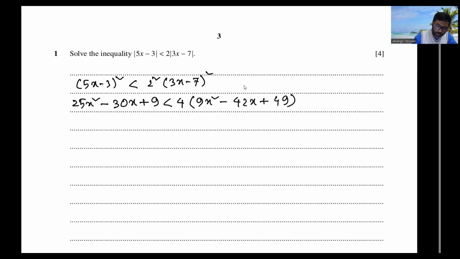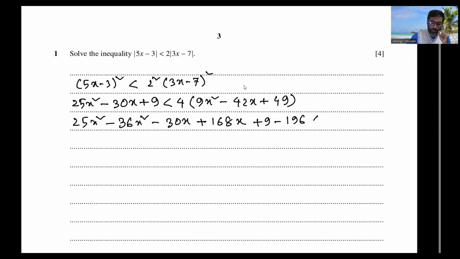Now, if you bring all the terms to the left hand side, you have 25x squared minus 36x squared minus 30x plus 168x plus 9 minus 196 less than 0. So we have minus 11x squared plus 138x minus 187.